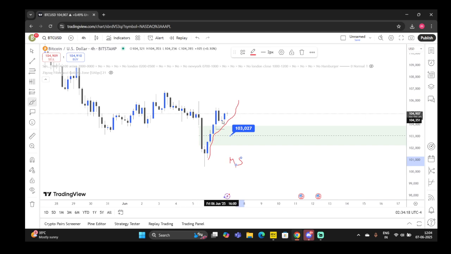So now the price is above this FVG and reaching 105,988.86. It will take this liquidity, and if possible, it will take this liquidity also, which is 1,06,854.